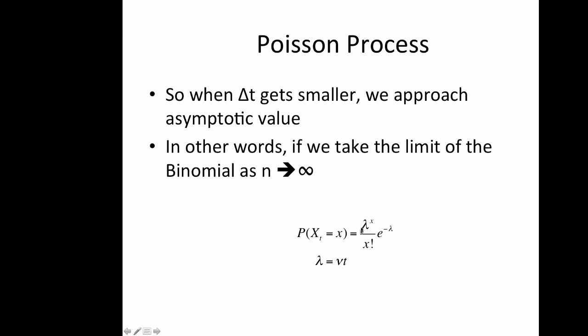They did a little swap of variables here. The textbook now uses lambda for this rate nu t, but this is the PMF of our Poisson process. It's nothing more than the limit as the number of occurrences that we are evaluating goes to infinity. So as we increase the n.